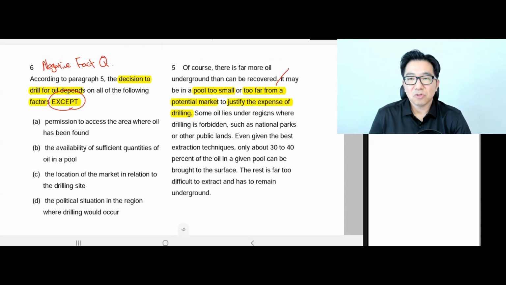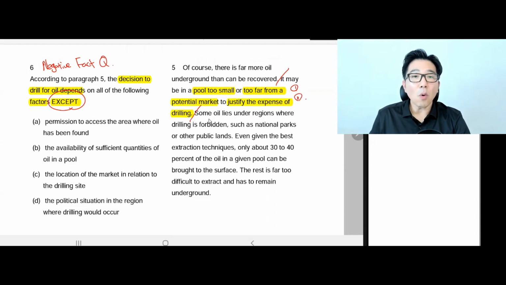Okay, it's just too much money to spend to get too little oil, or it's too much money to spend because it's too far away to sell it. There are 2 points, important details, I think.